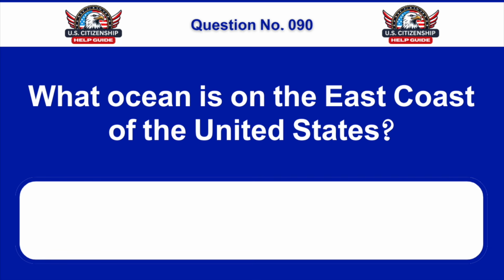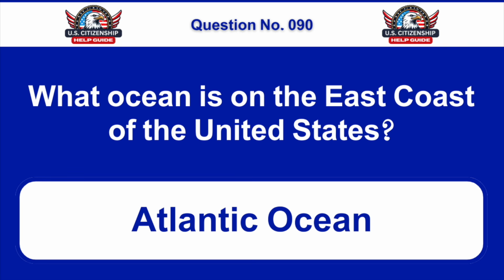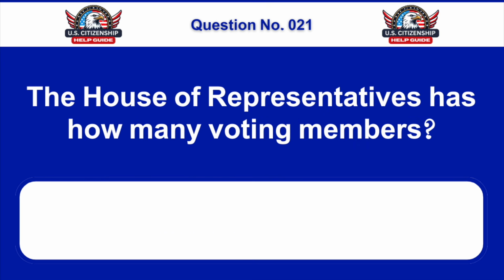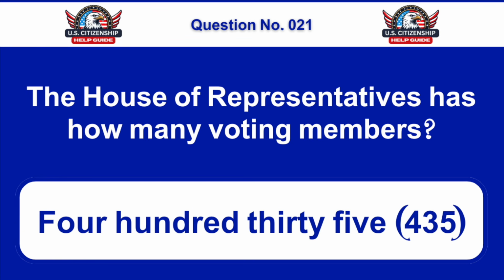What ocean is on the east coast of the United States? Atlantic Ocean. The House of Representatives has how many voting members? 435.